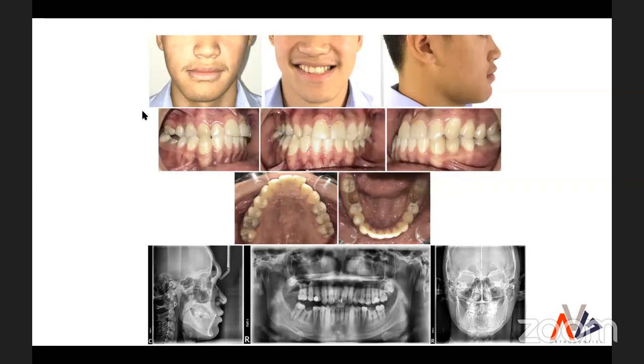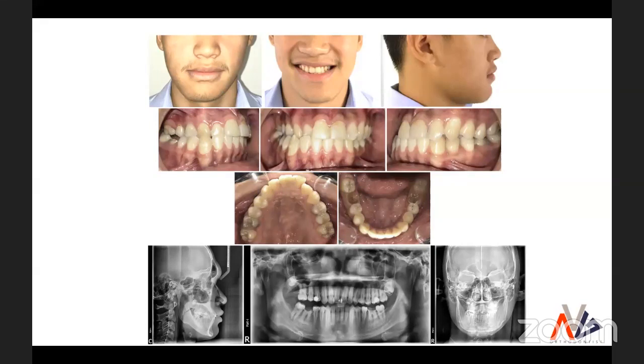So the idea is to raise the bite on the sevens, and the bite has to be raised in a very rounded fashion, not in a cubical fashion, because the cubical fashion is going to give him a static bite. I want him to be on a dynamic bite, so we give him a very rounded kind of bite turbo on the sevens, disoccluding.